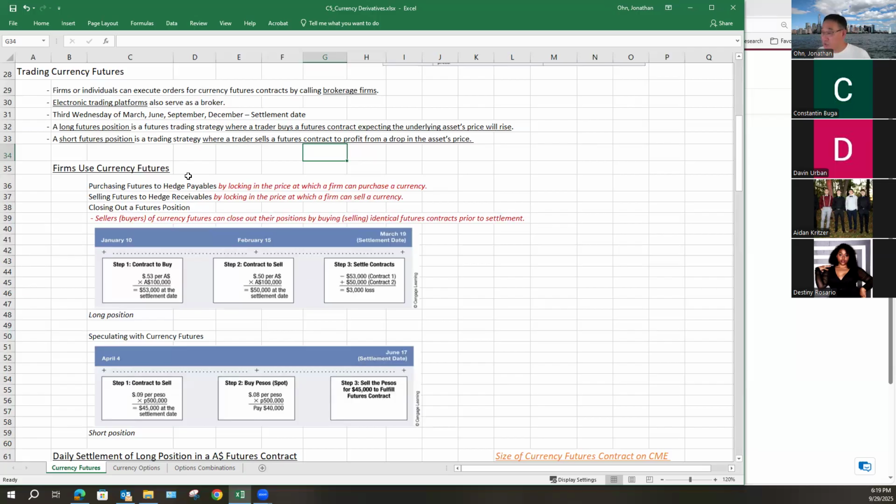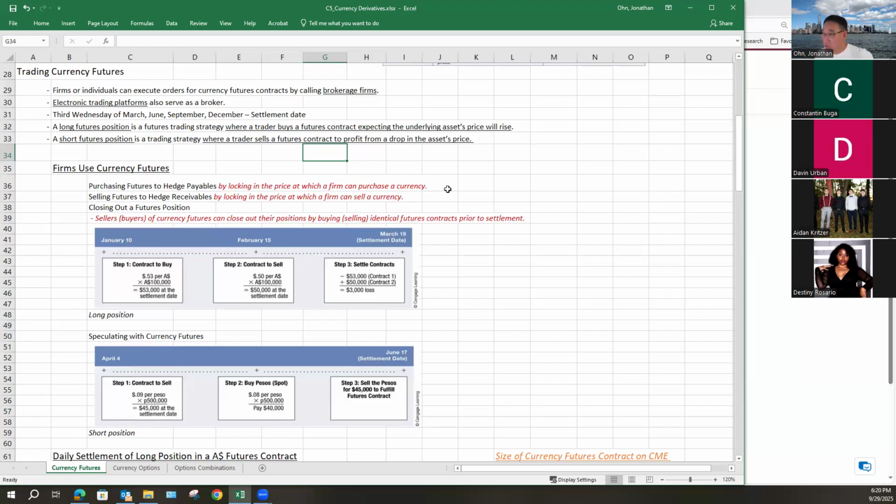So you want to eliminate this exchange rate risk by purchasing a futures contract on 1 million British pounds, and lock in the price at which the company can purchase the currency in the future, right?